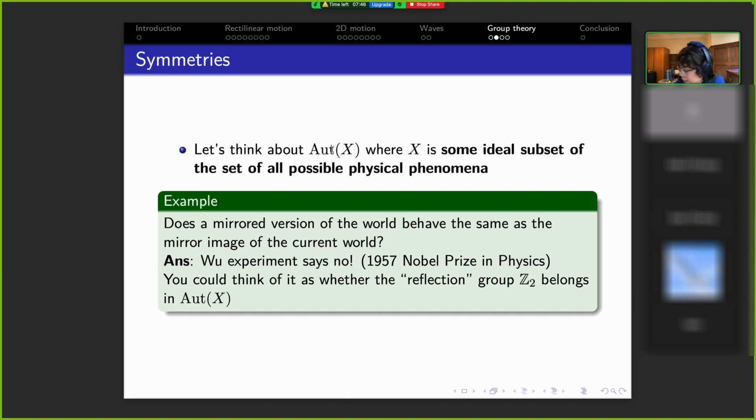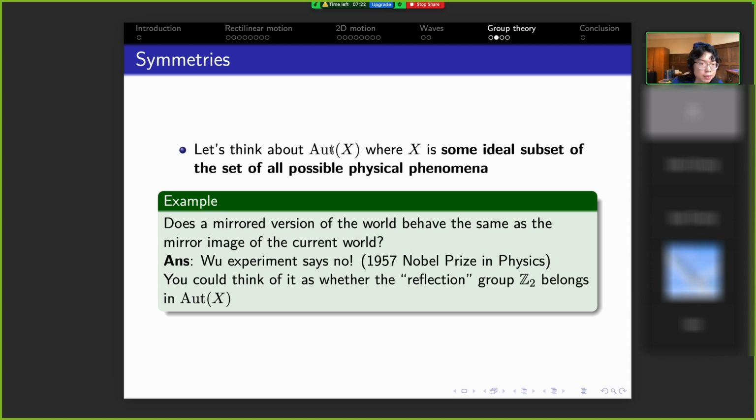But the idea is that what I'm really asking is whether the reflection group, Z2, belongs in the automorphism group of this entire universe, right? It's a very simple question in group theory. It's just asking whether a very simple group, like the reflection group, belongs in the structure preserving maps of this entire universe. So this is all kind of waffle.